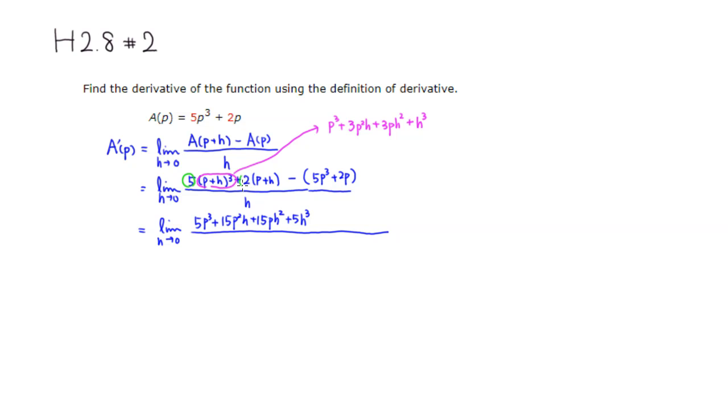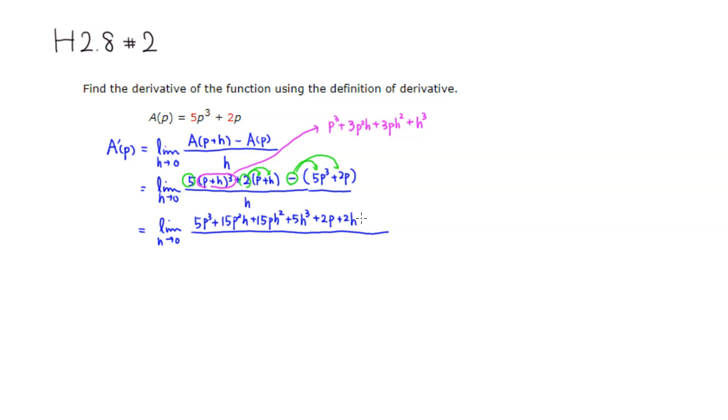Then here you just have to distribute 2 to both of these terms. So you're going to have a plus 2p plus 2h. Then we want to distribute this negative sign to both of these terms.